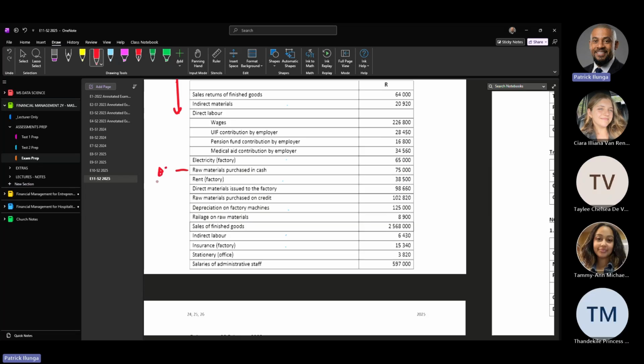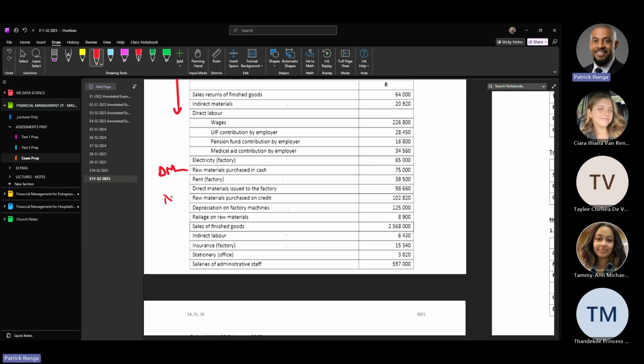When you're looking at this, this is direct material, clearly raw material purchased, right? What else is raw material? I'm checking here: raw material purchased on credit, right?